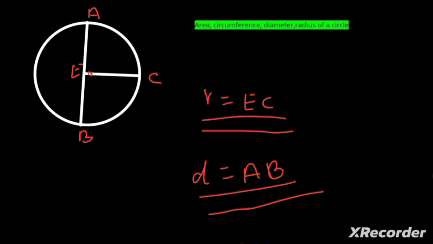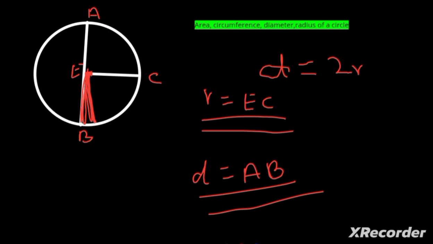So I have another interesting fact for you: the diameter of a circle is always equal to 2r, or the diameter of the circle is equal to twice the radius. So you can visualize this. This is the radius. This is also the radius.